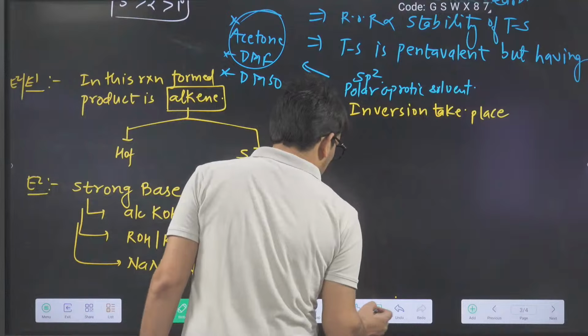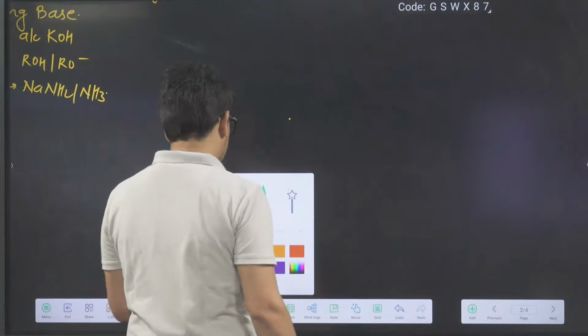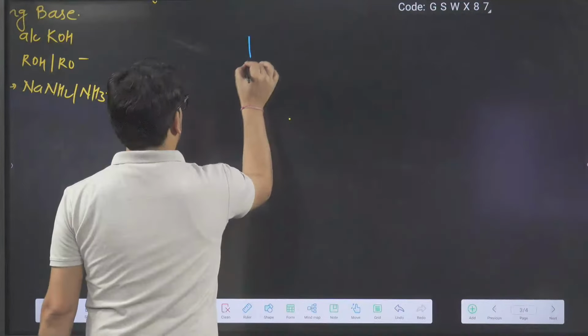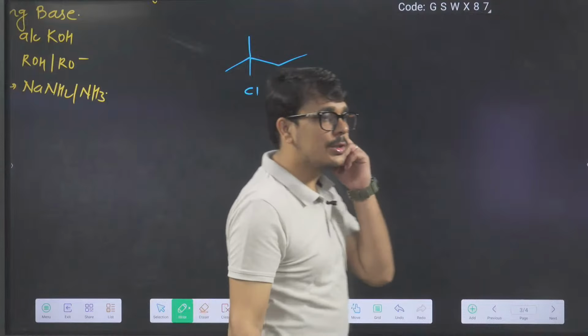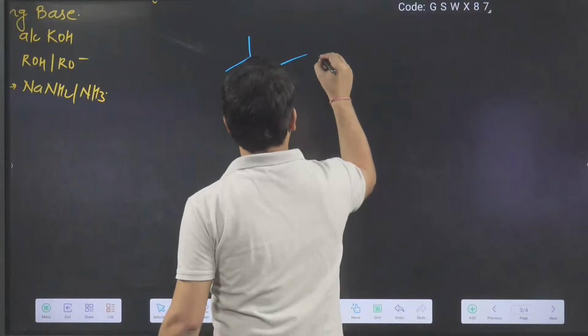I'm writing 2 or 3 questions to differentiate them so that we can easily answer. Let's say I have one alkyl halide, this one. How much degree? 3 degree.